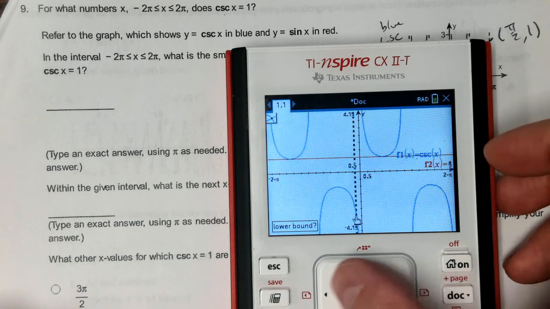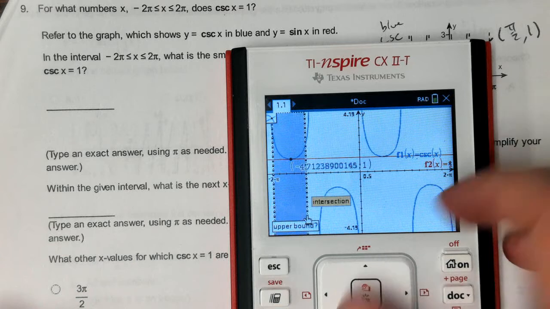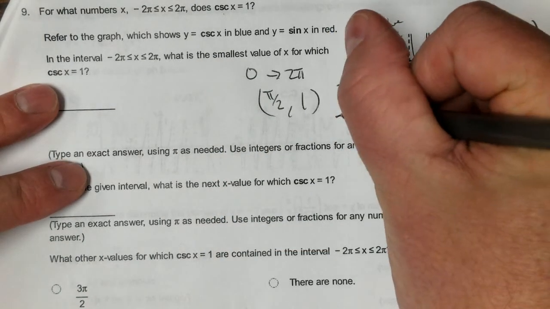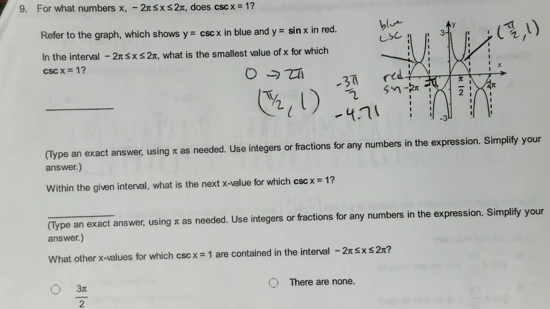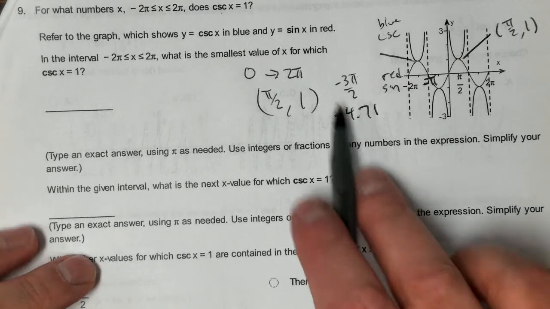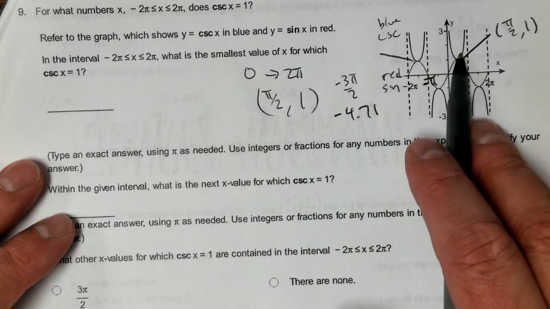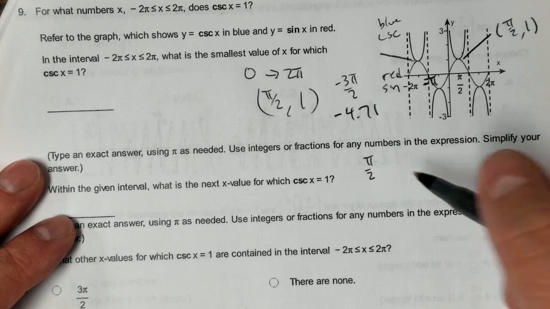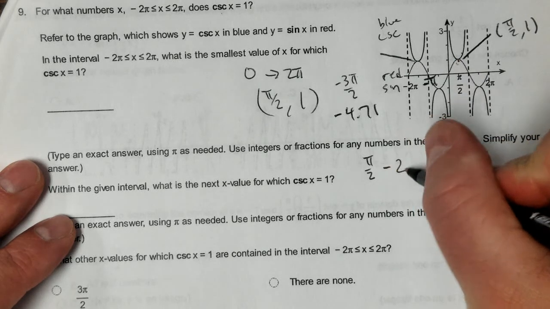And I want between here and here, which is negative 4.71 something, and that's equivalent to negative 3 pi halves. If you don't like just coming up with a number, think about pi halves being 1, and then it's periodic, so we're going to subtract 2 pi.